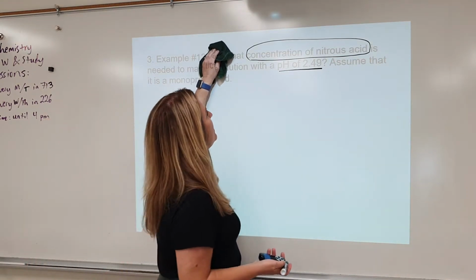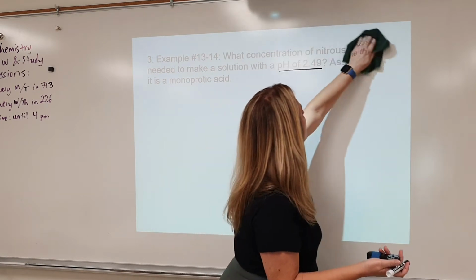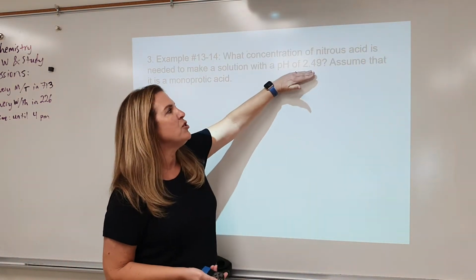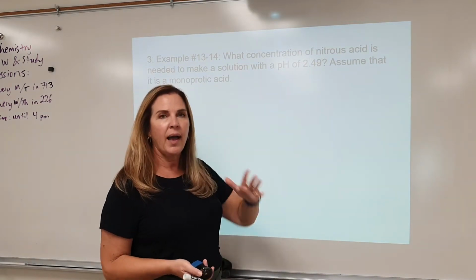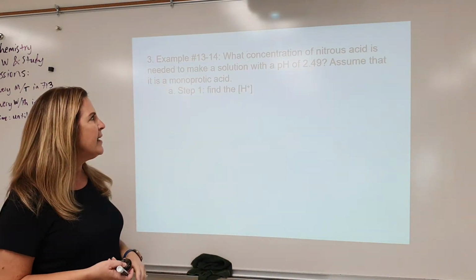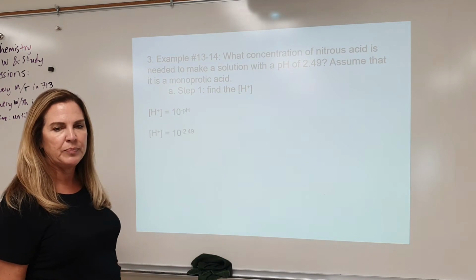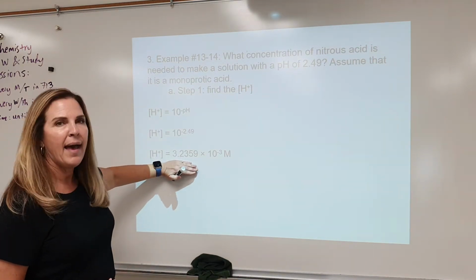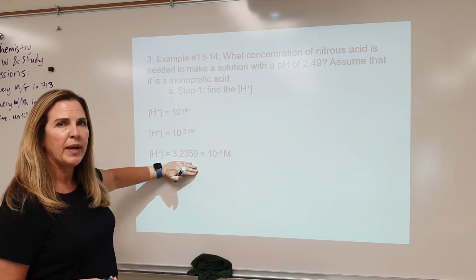So as we get ready to get going, I'm just going to erase this stuff so that we can move on with the PowerPoint. As we get going, what can I do with the pH? I know that with the pH, I can get the hydrogen ion concentration by taking the inverse log. Now I have the hydrogen ion concentration.